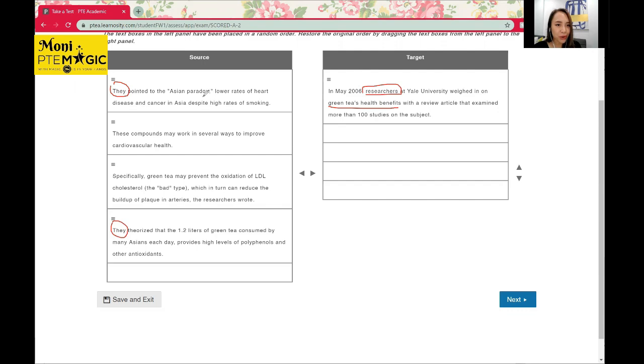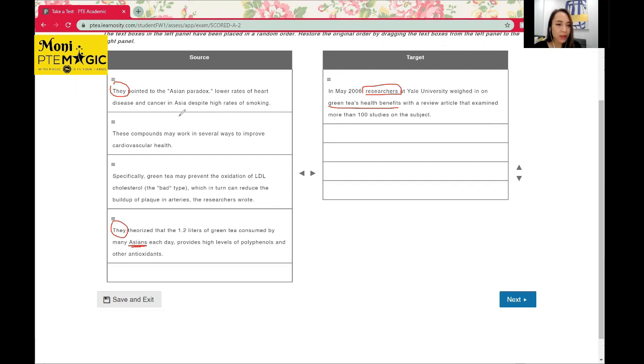Pointed to the Asian paradox, lower rates of heart disease and cancer in Asia despite high rates of smoking. And then here, they theorize that the 1.2 liters of green tea consumed by many Asians each day provides a high level of polyphenols and other antioxidants. Okay, did you pay attention that they have the word Asians here?